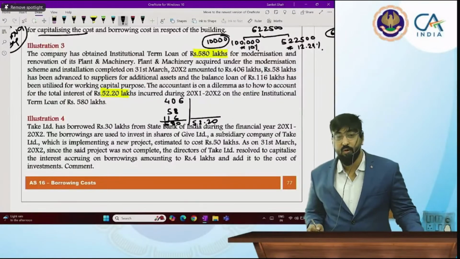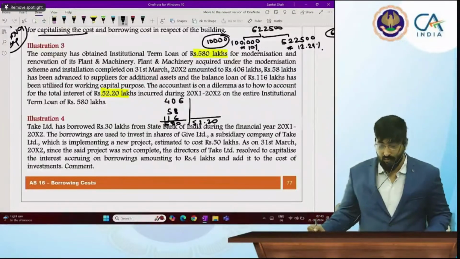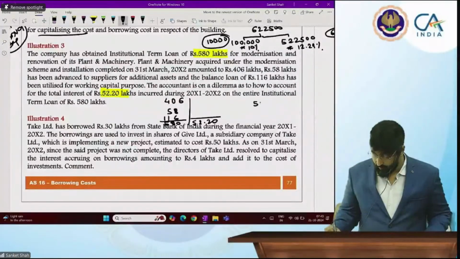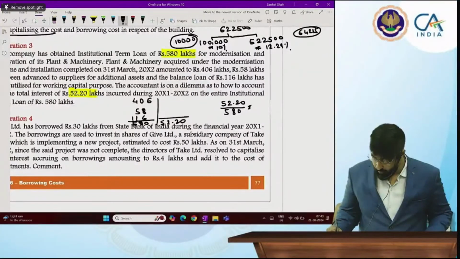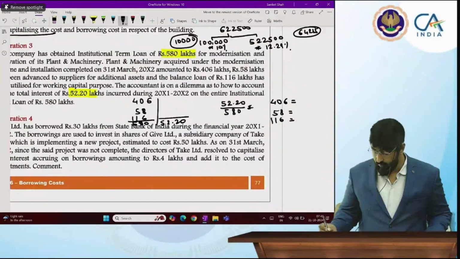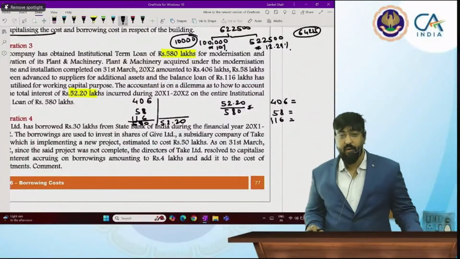What is the shortcut on Calci? 52.2 divided by 580, into 406 is equal to 36.54. Then 58, divided by 580, into 58 will give us the answer.